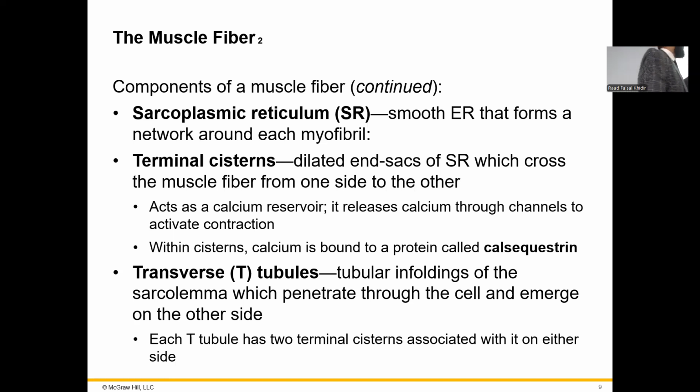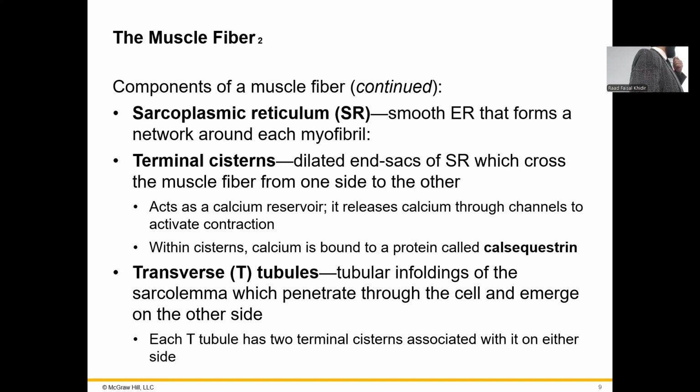So we store our calcium inside terminal cisterns. They act as a calcium reservoir, and they release the calcium through the channels to activate the contraction.